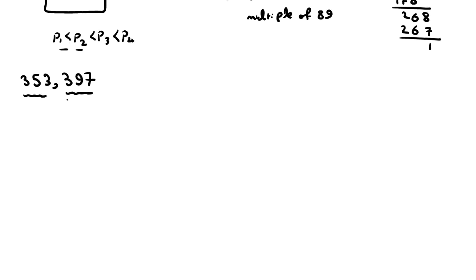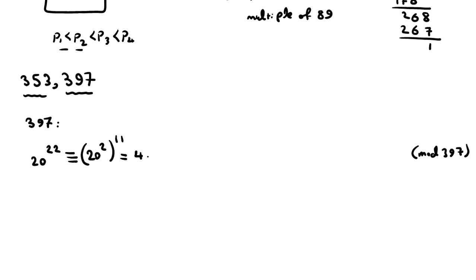Okay, at first I reject 397. I say, okay, 20 to the power of 22 is congruent mod 397. So you say it's 20 squared to the power of 11. It's 400 to the power of 11 and is congruent to 3 to the power of 11.